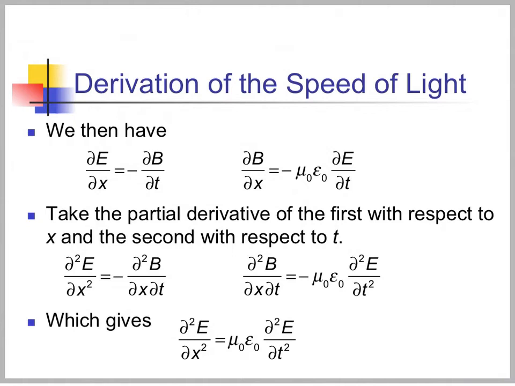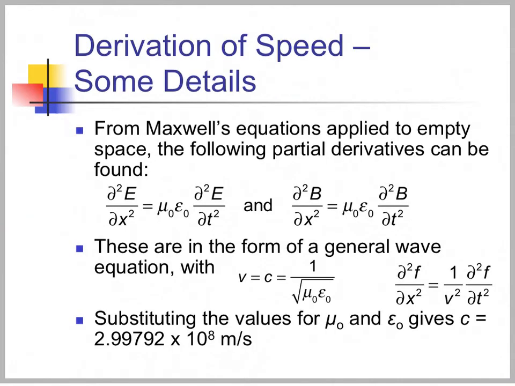So from Maxwell's equations, when we apply them to empty space, we get this equation, and I could have also solved it the other way for just the magnetic field and got an identical looking equation. And if we remember back for the general wave equation, it says the second derivative of the function with respect to x squared is 1 over the velocity squared times the second derivative of the function with respect to t squared.